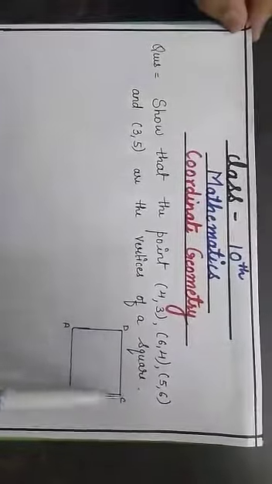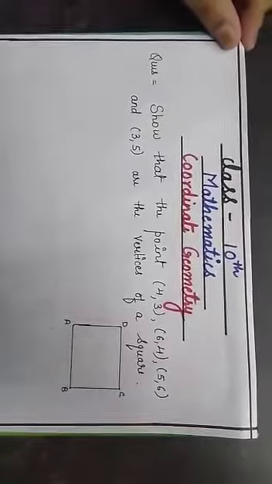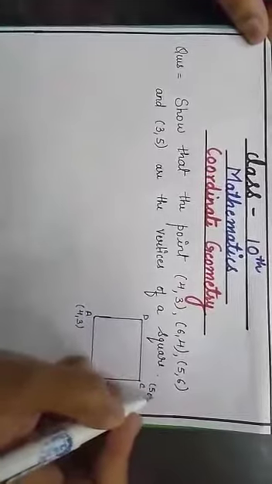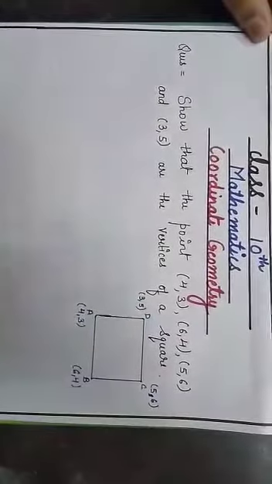So here this is a square with vertices A, B, C and D. Now taking these points, A is (4, 3), B is (6, 4), C is (5, 6) and D is (3, 5).